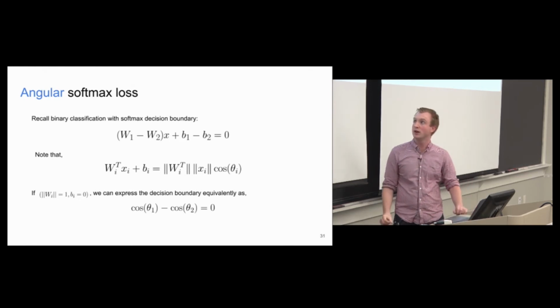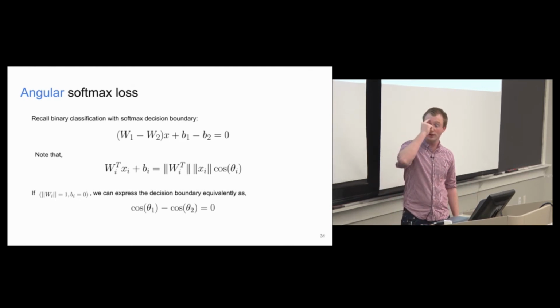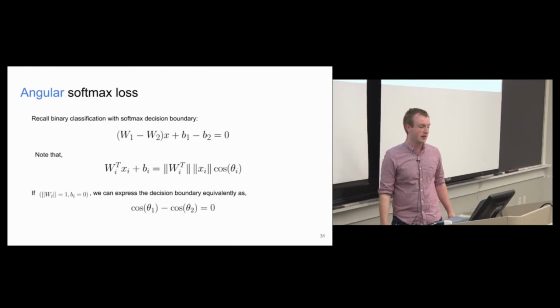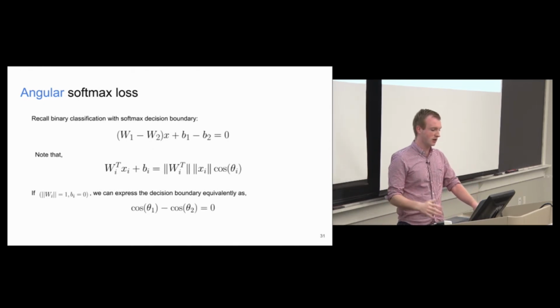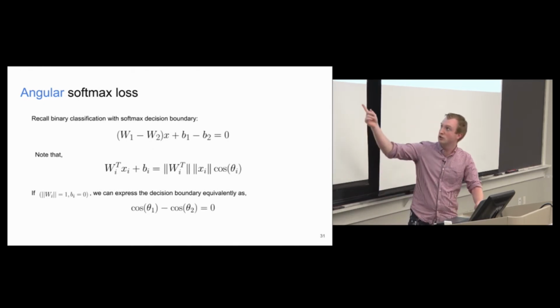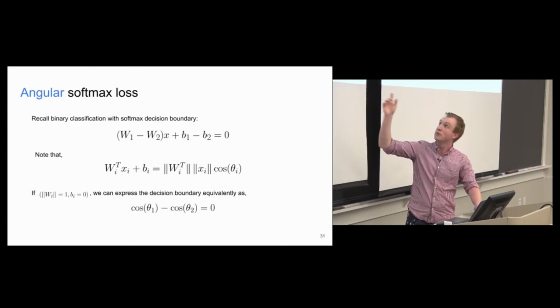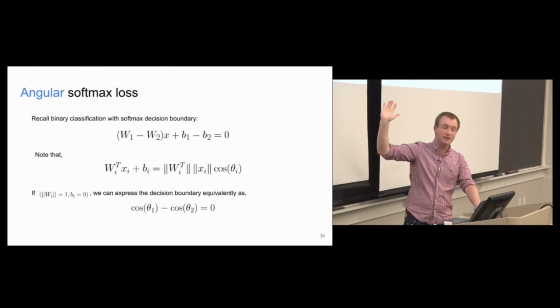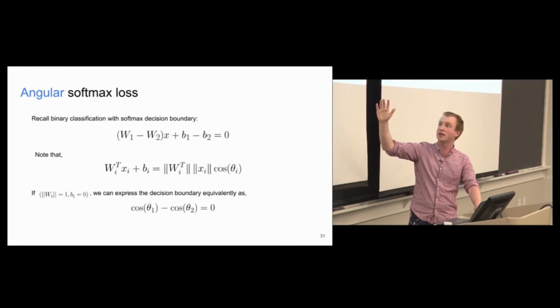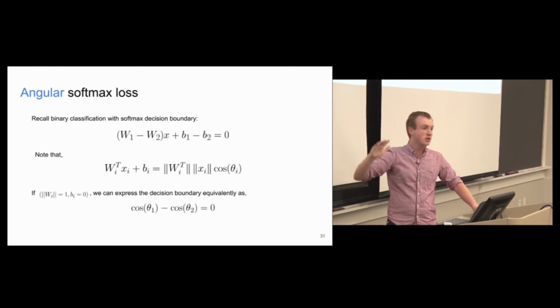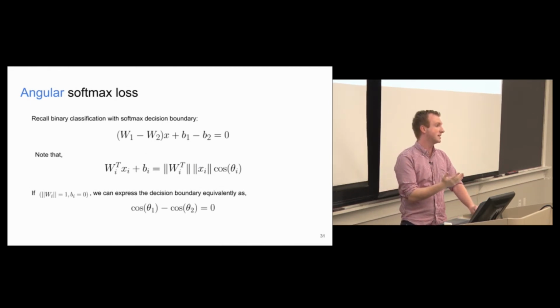If we assume that w_i is a unit vector and that the biases are zeroed, the decision boundary becomes the cosine of the angle between x and W1 equal to the cosine of theta 2, the angle between x and W2. So this is angle bisection.